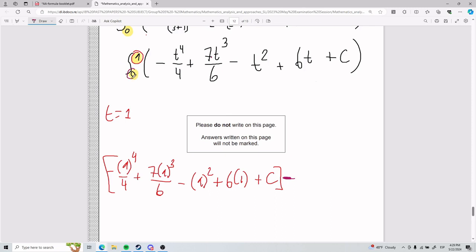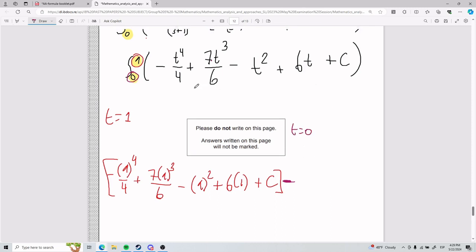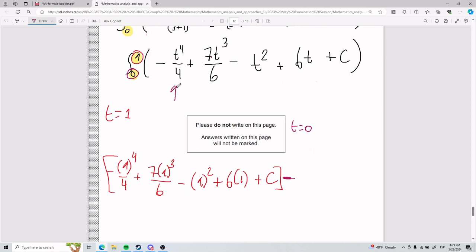And all of this is going to be minus, notice, the side that is with t equals 0. But with t equals 0, it's a little bit troll because if you plug in 0 here, that's going to disappear. If you plug in 0 here, that's going to disappear. But what is left? Plus c.